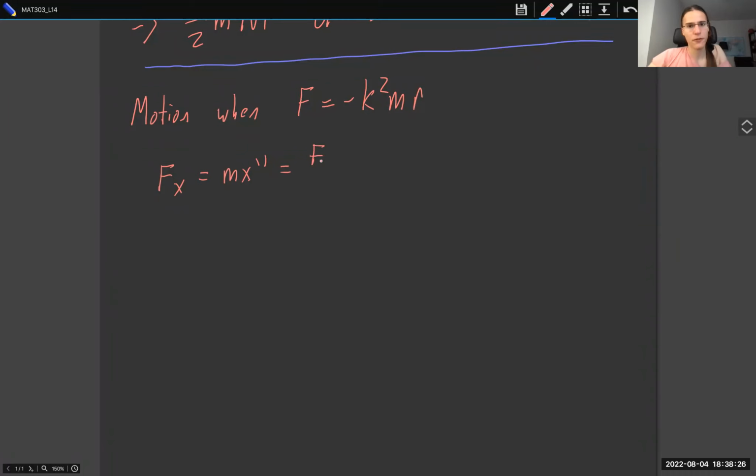So F times x over R, which we can then write as negative. We already basically did this with different proportionality constants.